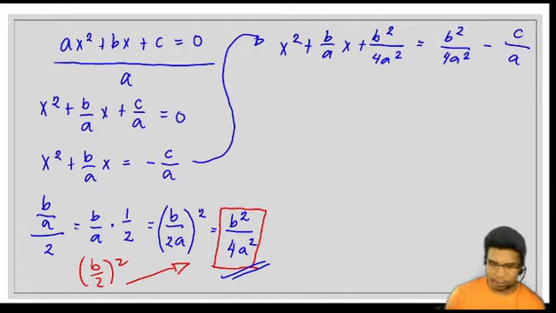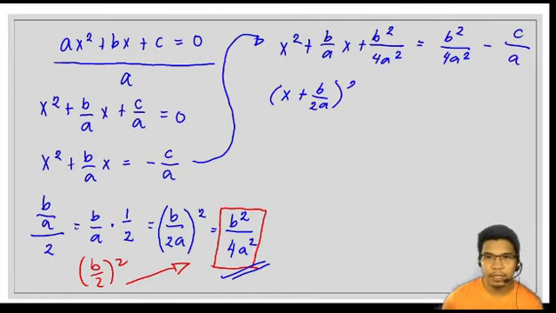Ayan. Tapos, simplify natin. Etong left side, gagawin nating square of binomial. So, the square root of x squared is x. Tapos, the sign of the middle term is plus. Tapos, the square root of b squared is b. Then, the square root of 4 is 2. Then, the square root of a squared is a, quantity squared, equal to, tapos ito naman, kunin natin LCD.